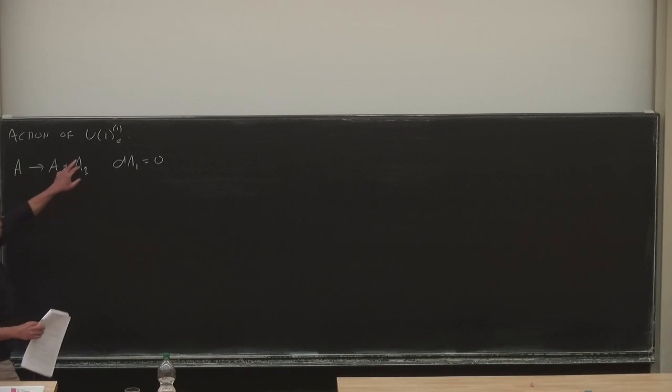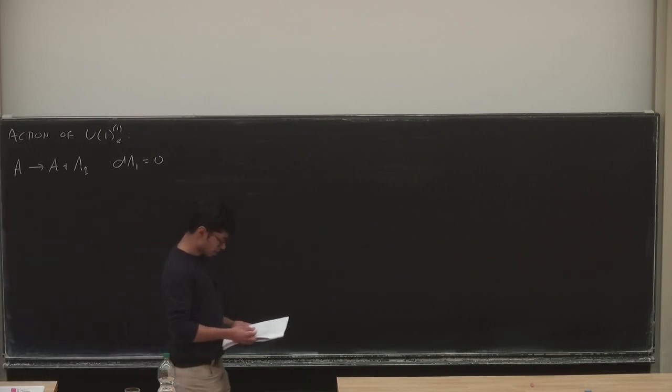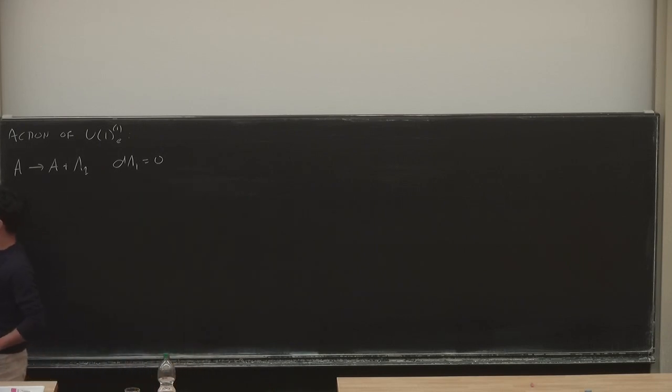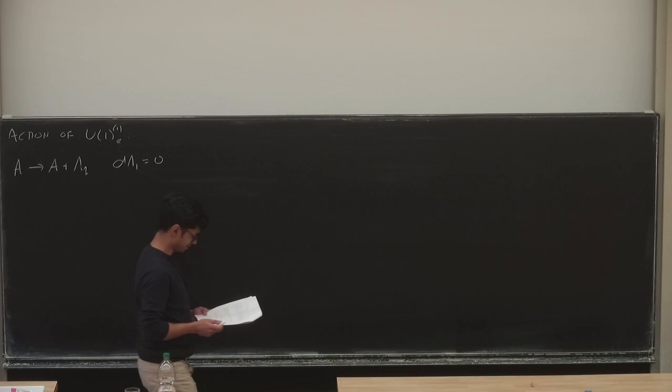So this is how the U1 one-form symmetry acts on the vector potential. This clearly leaves the action invariant. And under the symmetry, this W_Q picks up a phase, so that again makes sense. It's a charged object; it transforms in a nice way.